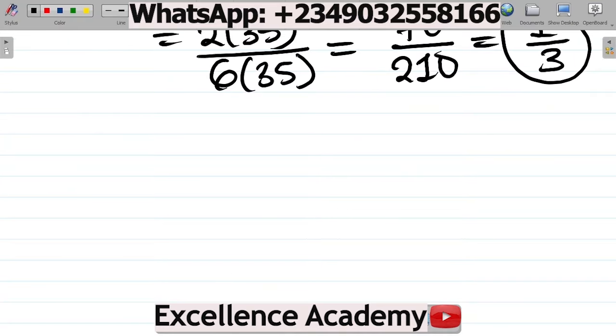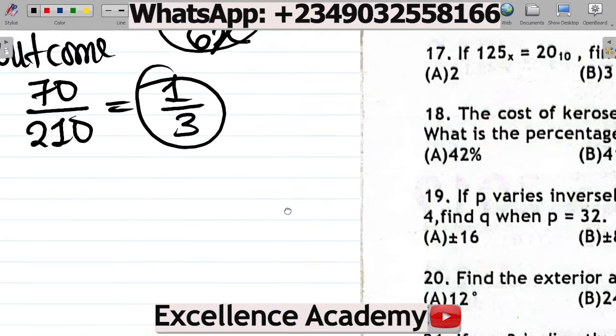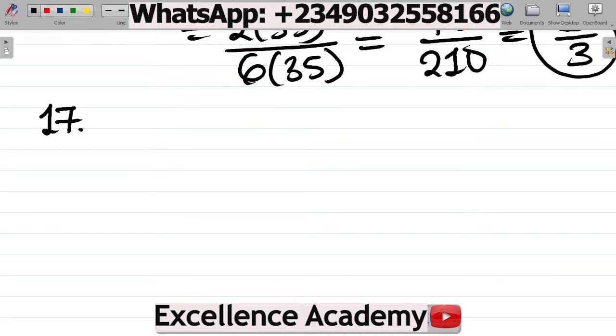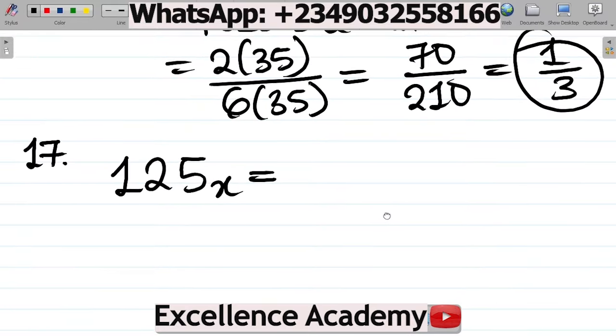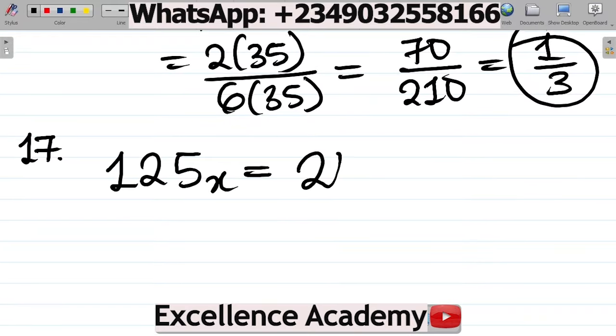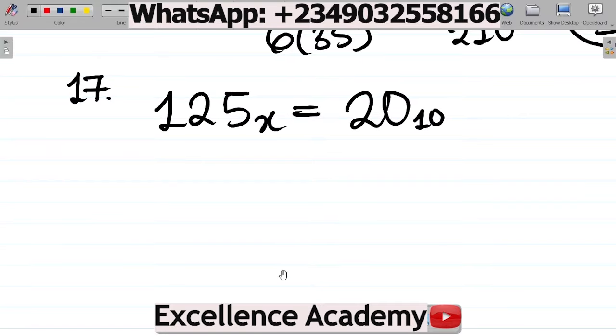For 17, what you're given there is 125 base x, which is equal to 20 base 10. So how do we solve this question here?